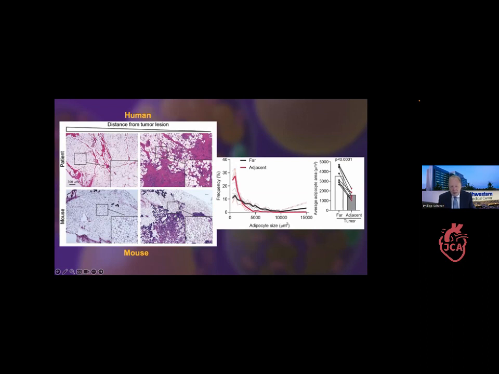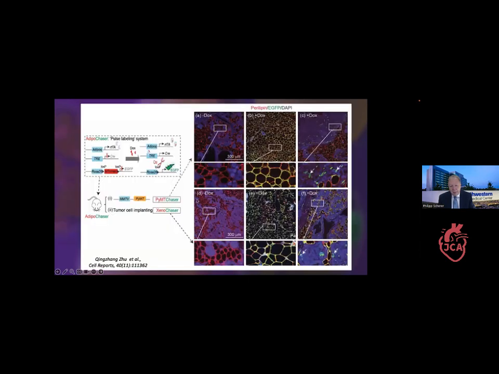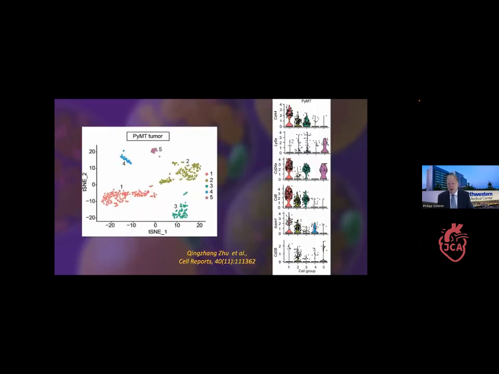As the lesion infiltrates the fat pad, fat cells get smaller, they delipidate. And again, we have the advantage in the mouse that we can paint these fat cells prior to the invasion of the lesion. They de-differentiate, they can be isolated, single cell sequenced, and actually offer a remarkable spectrum of cell types that these fat cells can turn into: pre-adipocytes, macrophage-like cells, myofibroblasts.